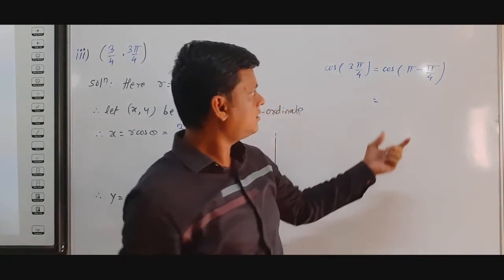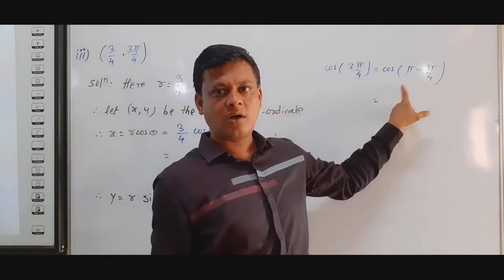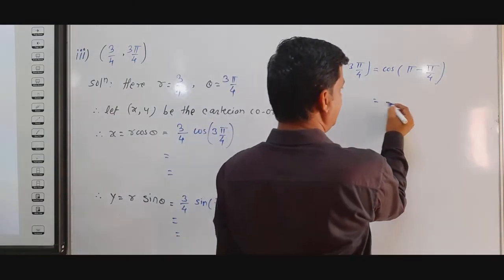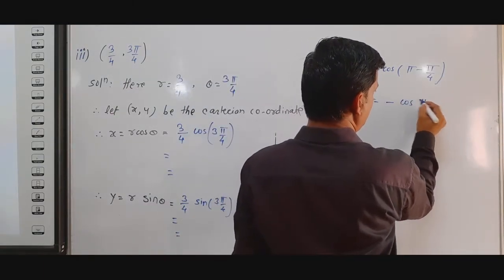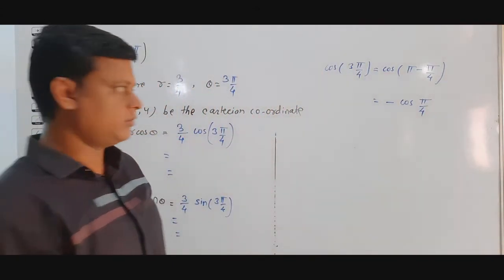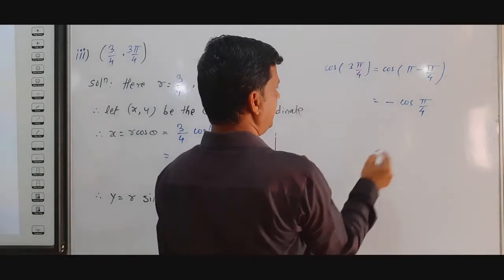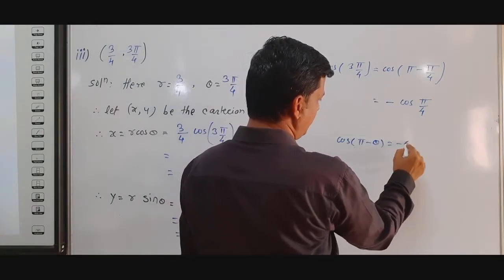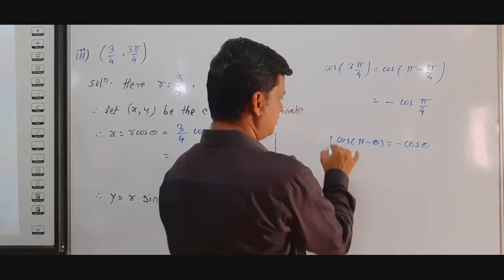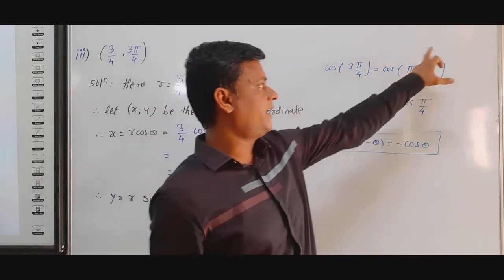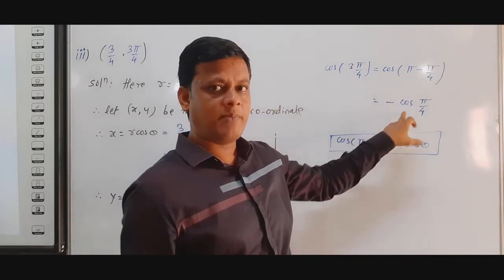Now this is a formula of the type cos(pi minus theta), and we know that cos(pi minus theta) is minus cos theta. So in place of theta we write pi by 4. You can write a reason here: cos(pi minus theta) is equal to minus cos theta. So using this formula we write cos(pi minus pi by 4) as minus cos pi by 4.